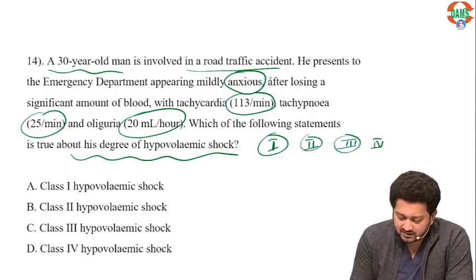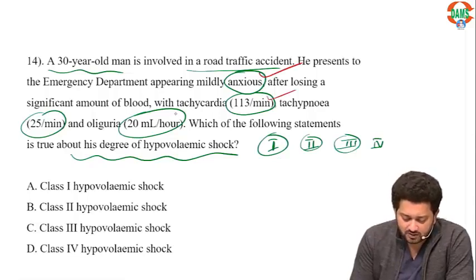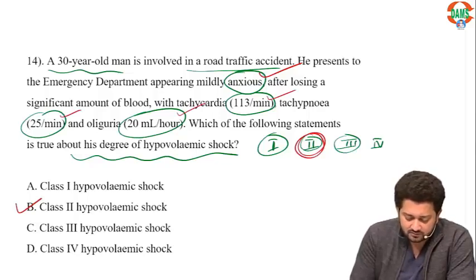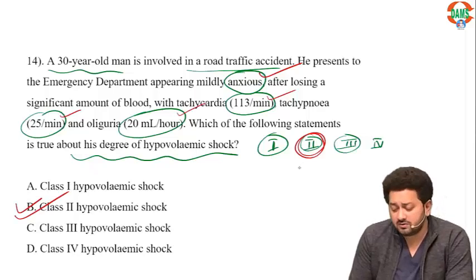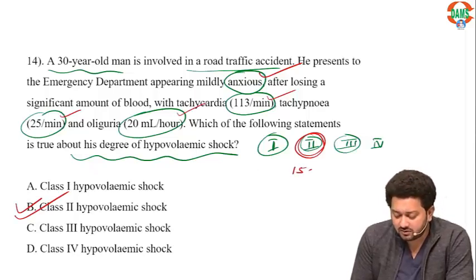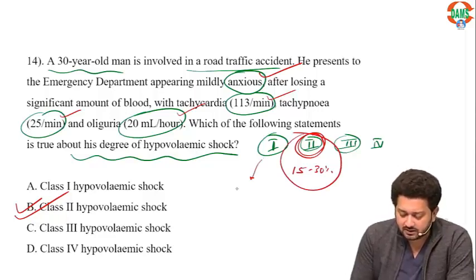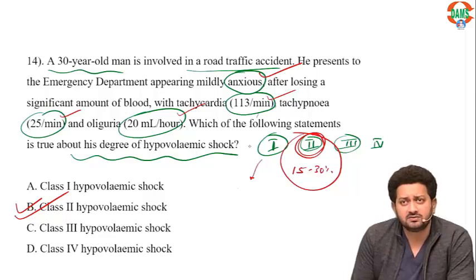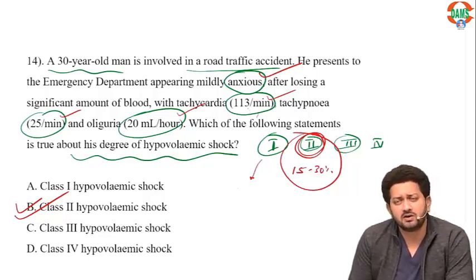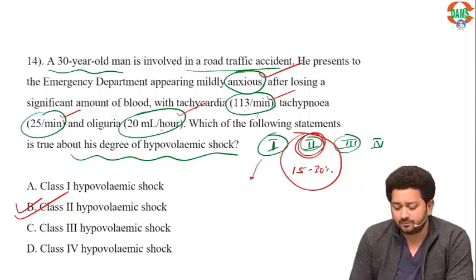Okay, so anxious patient, heart rate 113, urine output 20 ml, and this all goes in favor of class 2. Class 2 hypovolemic shock, in which the patient loses 15 to 30% of the blood. Okay, in 1, the patient will be alert, the heart rate will be less than 100. Okay, respiratory rate will be 15 to 20 and urine output is usually more than 30.